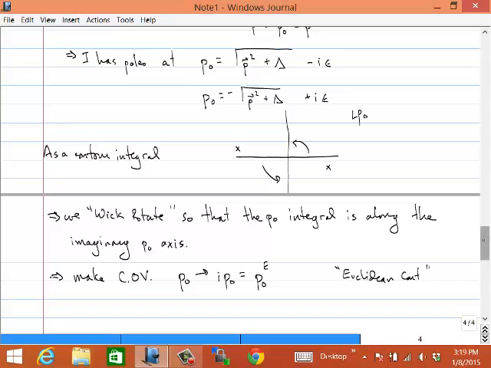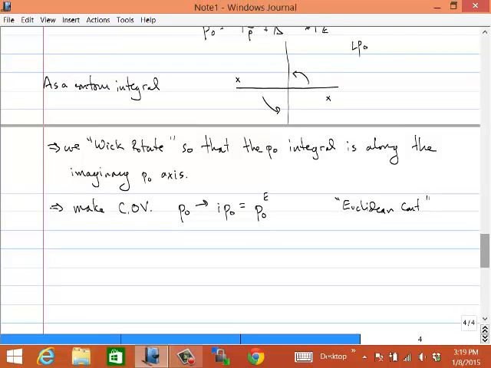Now, why is it called the Euclidean continuation? Well, the reason is that if you look at our original expression for the momentum squared, that's p0 squared minus p vector squared.